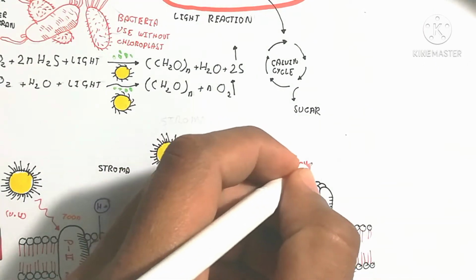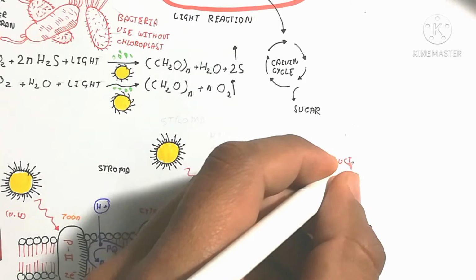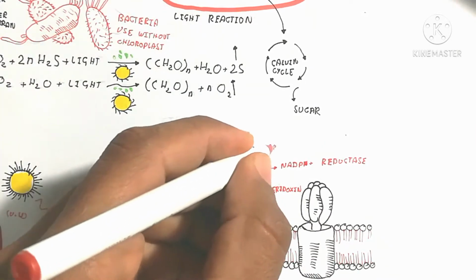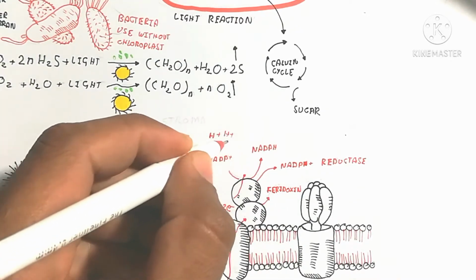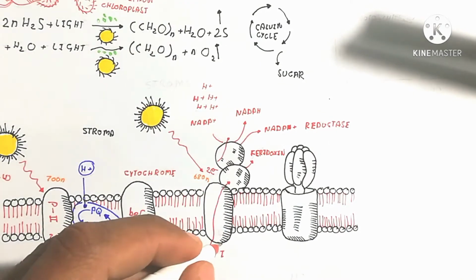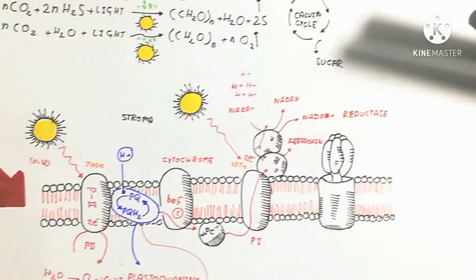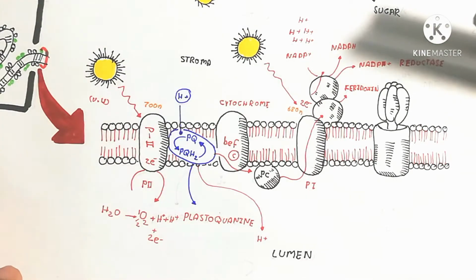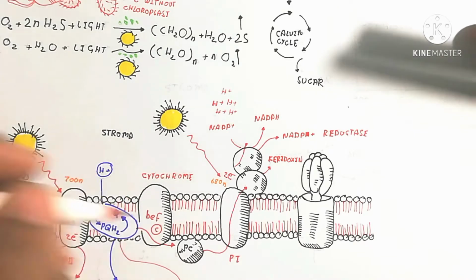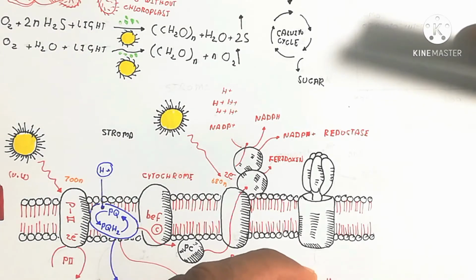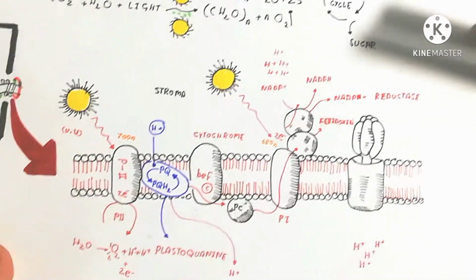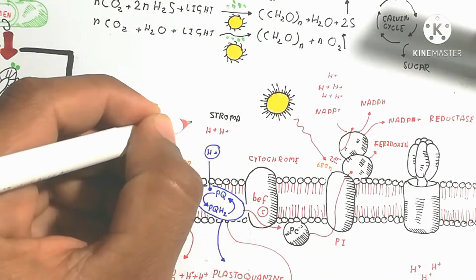Here is the NADP plus reductase enzyme, which is used to accept protons, and two electrons and two protons are bound by NADP plus to convert it to NADPH. So the plastocyanin goes to the ferredoxin, and the ferredoxin passes electrons to the NADP plus reductase enzyme, which makes NADPH.